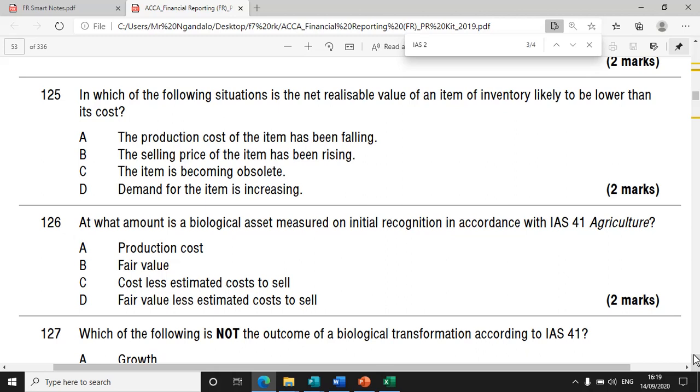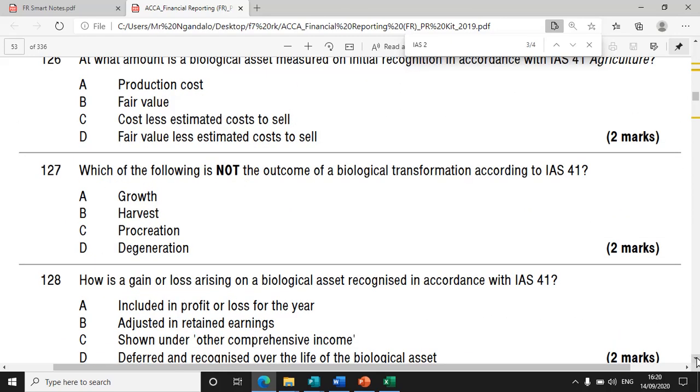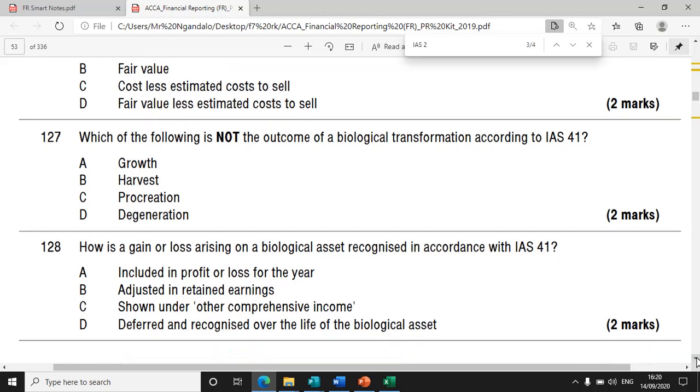So again, the NRV will be higher there. We're looking for when it is going to be low. The item is becoming obsolete. I think that is a fair one. When demand for the item is increasing, the NRV will be high there. So I think we go for C. I hope that you can see that option. When the item becomes obsolete, when inventory is obsolete, its NRV will be lower than the cost, likely. Okay, let's progress to the next one.